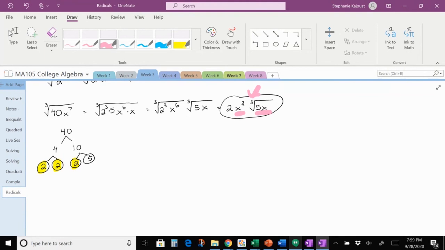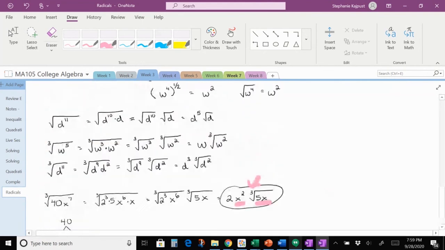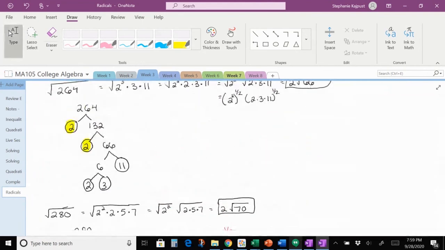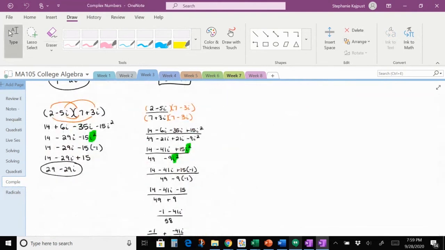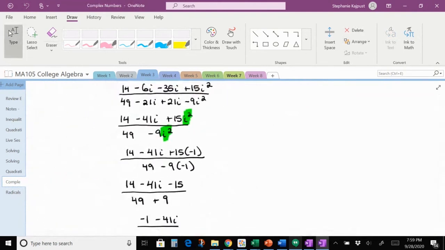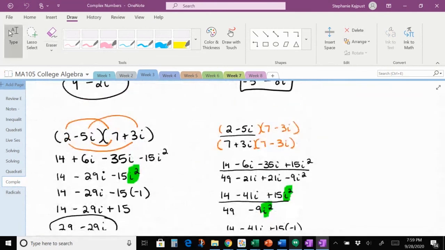You subtract your exponents, top minus bottom, or there's this thing called rationalizing the denominator, and that is actually very similar to, oh, here it is, what I did with the complex numbers here, where I multiply the denominator with an opposite sign. So rationalizing the denominator when you have square roots, you're doing the same sort of thing, but you're doing the opposite sign of the thing with the square root versus the i, but it's the same sort of process.